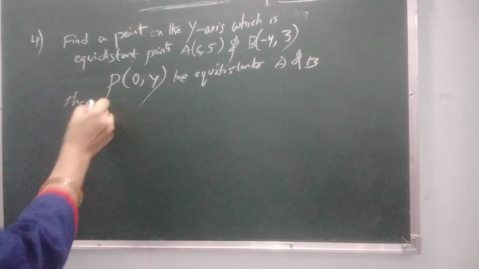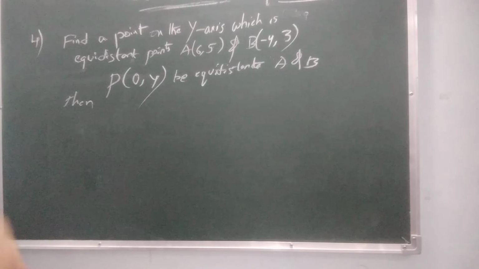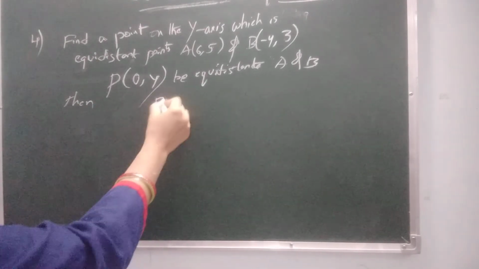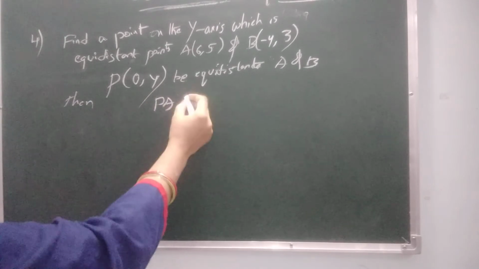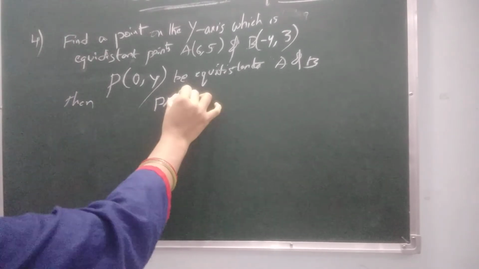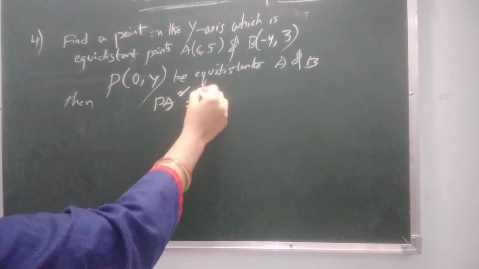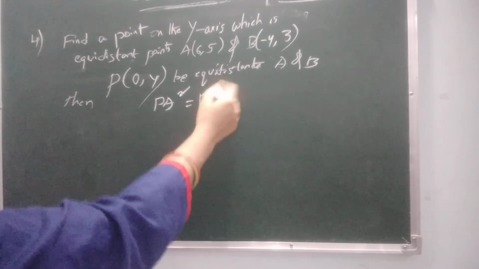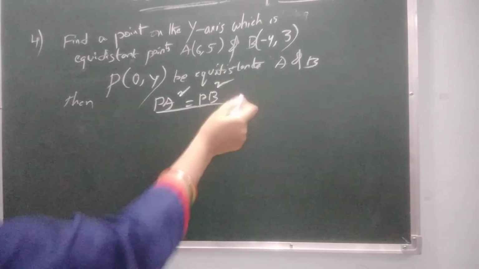Then we have to use the distance formula. First we have to show equidistance. That means PA square equal to PB square. Is it clear?